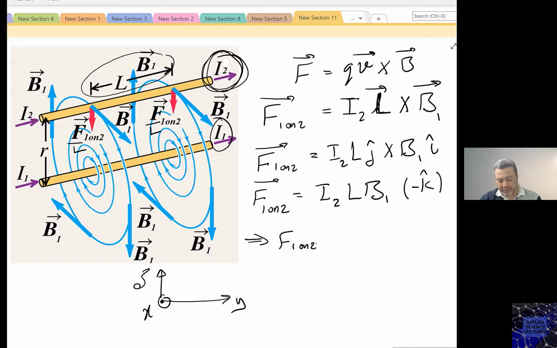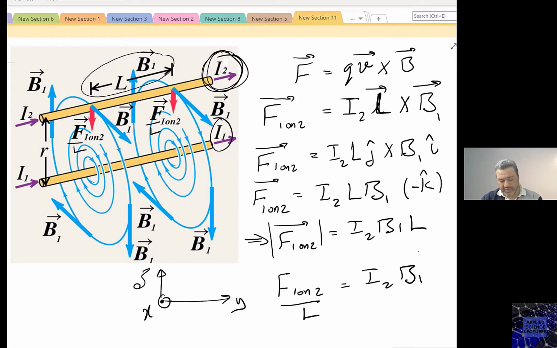So the magnitude of F1 on 2 is I2 B1 L. Now I can define the force per unit length, which is, as you can see here, F1 on 2 over L equals I2 B1.